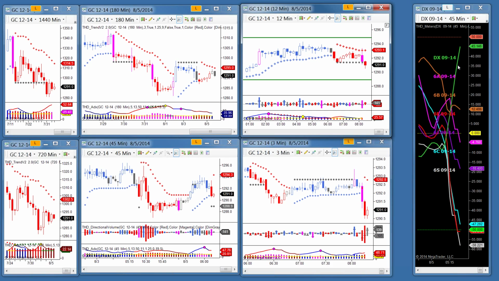Does everybody see that? In other words, there's nothing in the way for this to move down to 1288.9. So I would be looking to go short until it gets there.